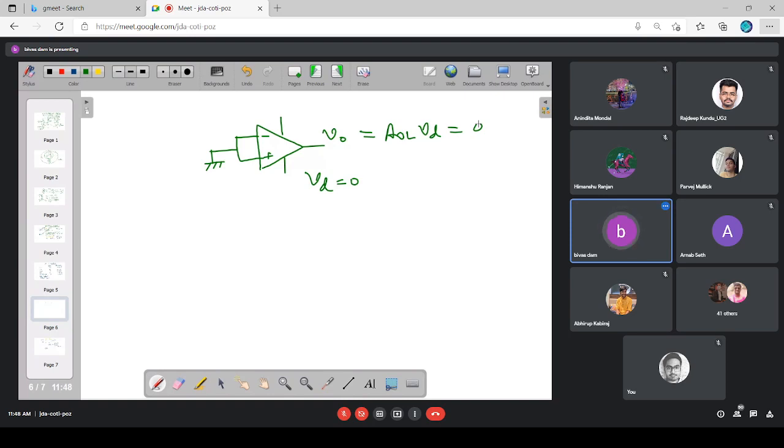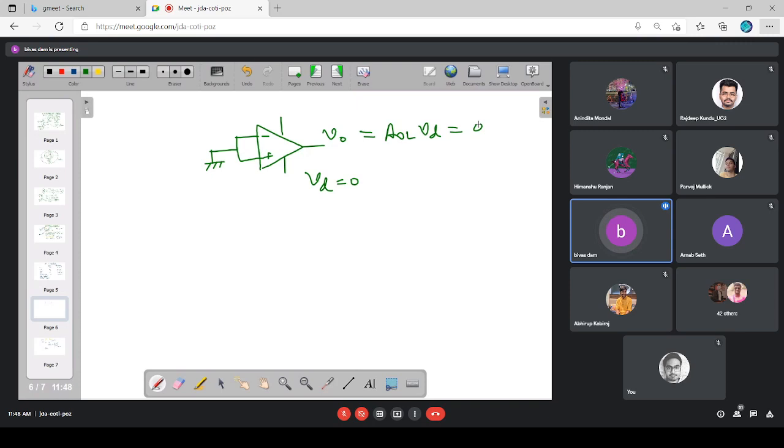But what happens is, even if you short the 2 input terminals and connect that common point to ground, the output you may not find to be 0 practically.